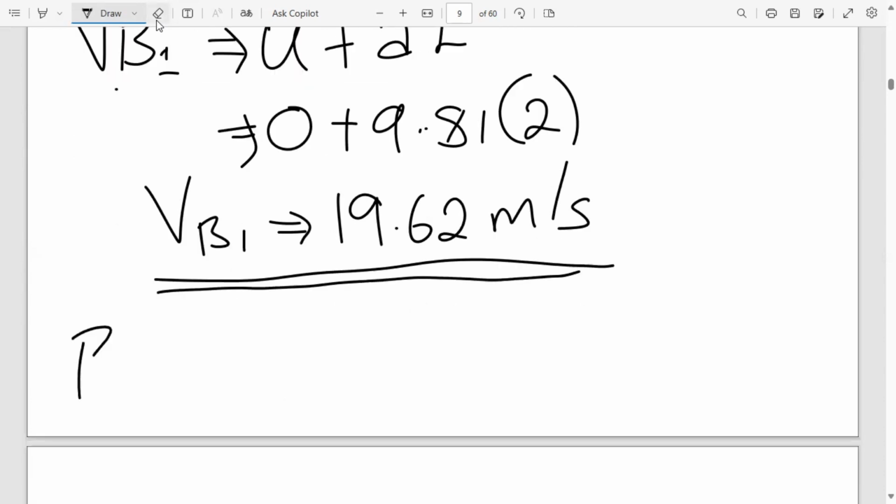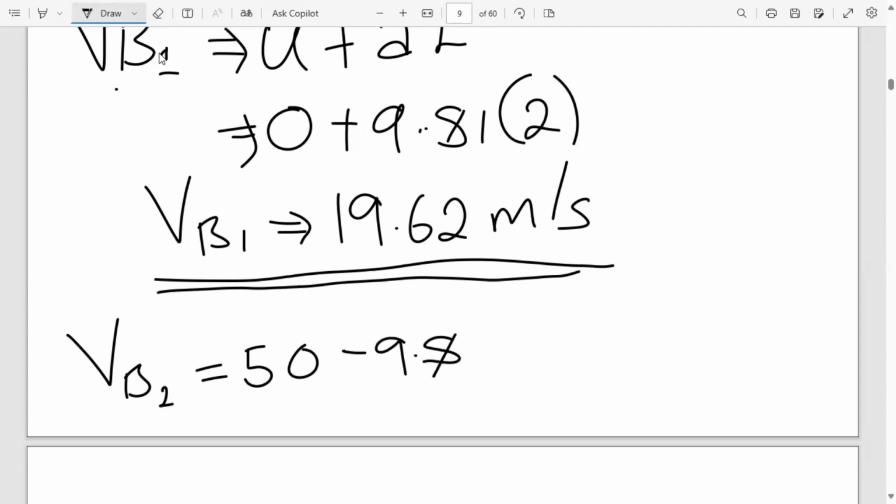For bore number 2, so we're going to say VB2 like this. The velocity of bore number 2 will be equal to the initial velocity, which was 50, minus, since we're saying plus 80 here, it's going to be minus since it's going up, 9.81 multiplied by 2 seconds.